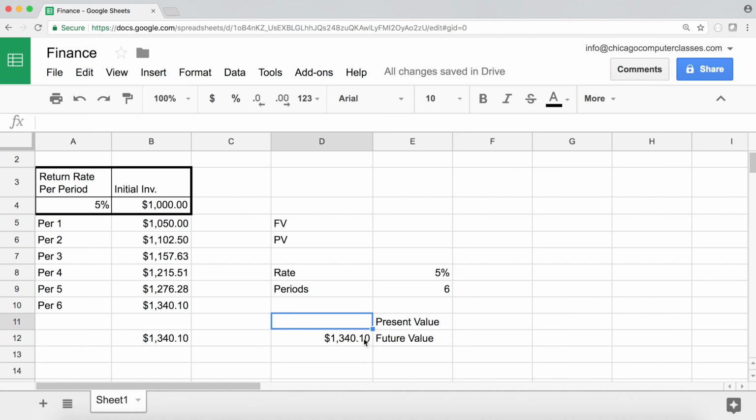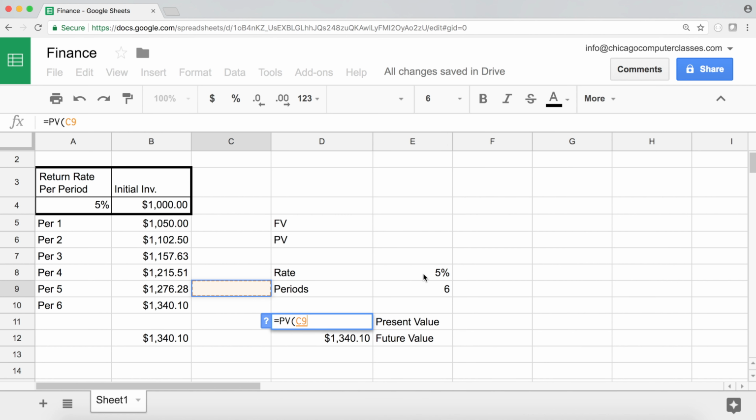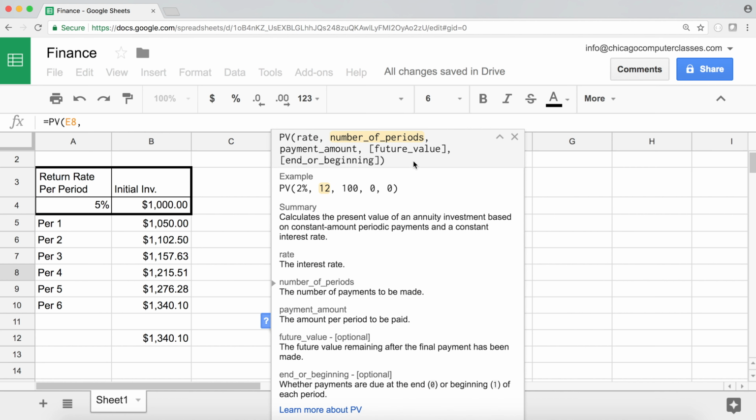So we want to know, so how much did we invest initially? So we want to basically go back. So to do this, we're going to use a function called PV for present value. And for our present value, the first one is our rate. So I'm going to go ahead and highlight that 5%, comma, then number of periods.